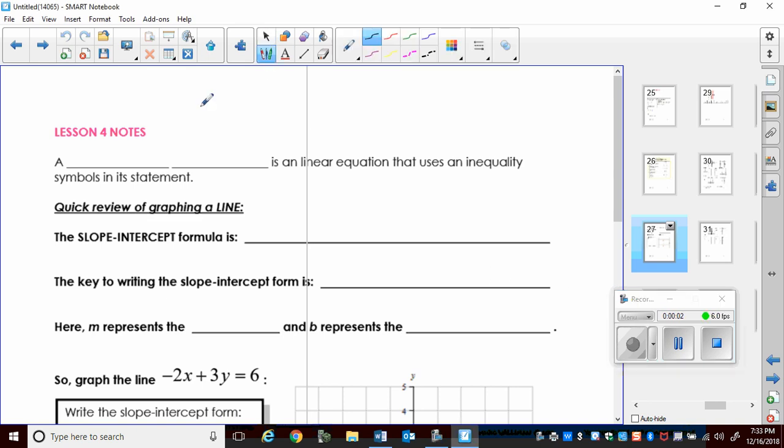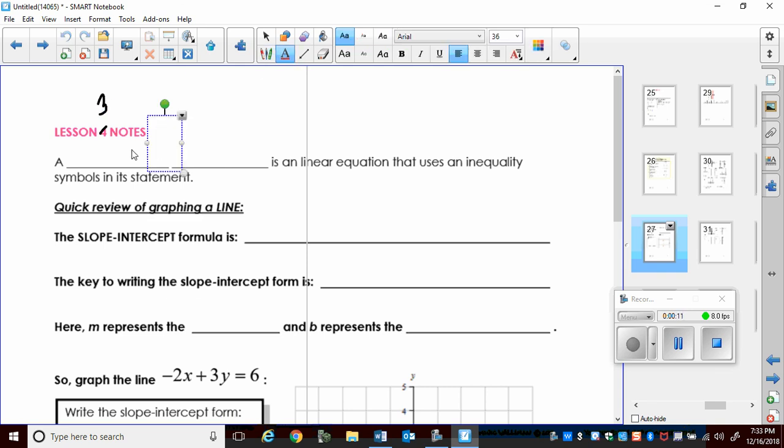This is actually not lesson 4, it's lesson 3. And what we're doing today is graphing linear equations and a linear inequality. It's a linear equation.